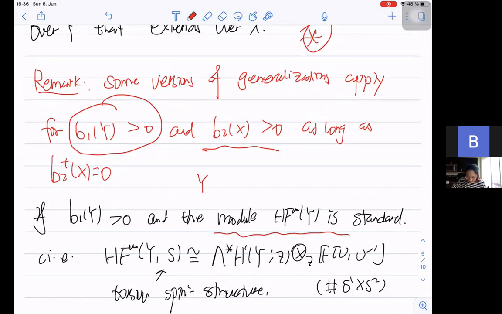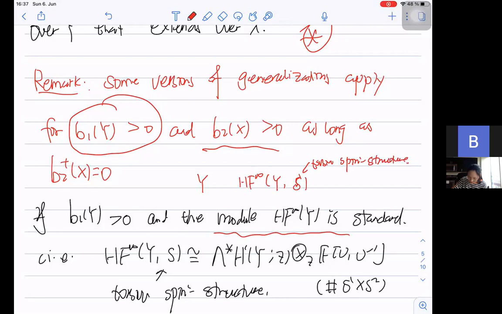Now we have a three-manifold Y. There are different versions of this Heegaard Floer homology. The standard module is defined in terms of the version HF infinity of Y, restricted to torsion spin^c structures.